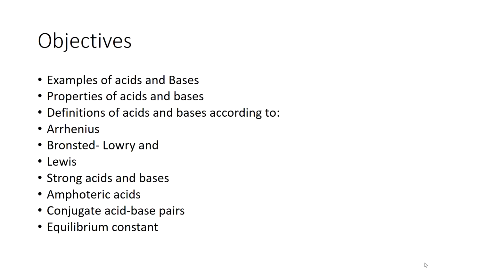And then we are going to look at the strong acids and bases. We are going to discuss the amphoteric acids, the conjugate acid-base pair, and the equilibrium constant. The last two, the conjugate acid-base pair and the equilibrium constant, we are going to discuss in part 2 of the video.